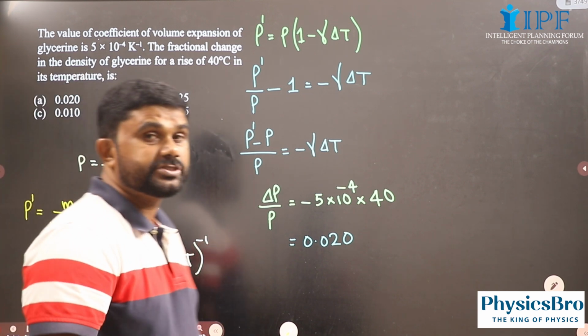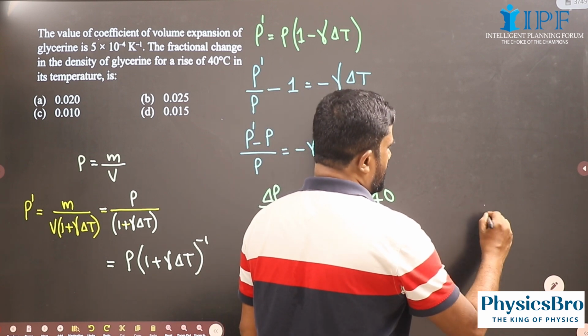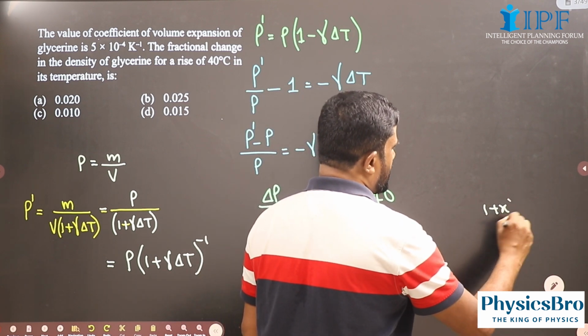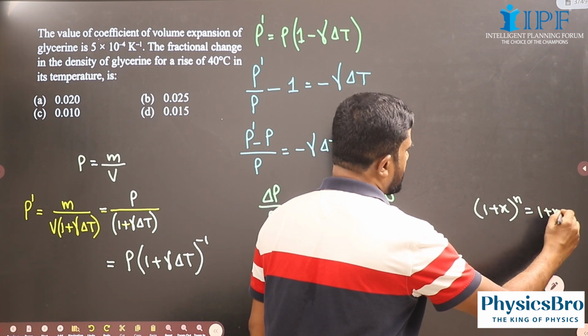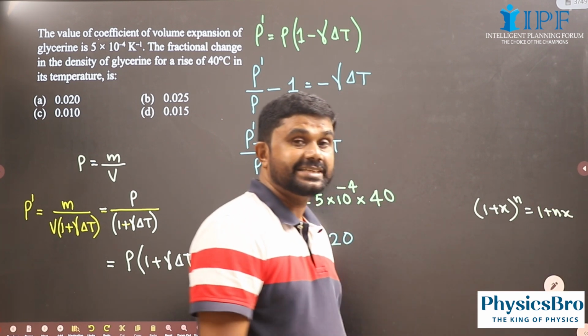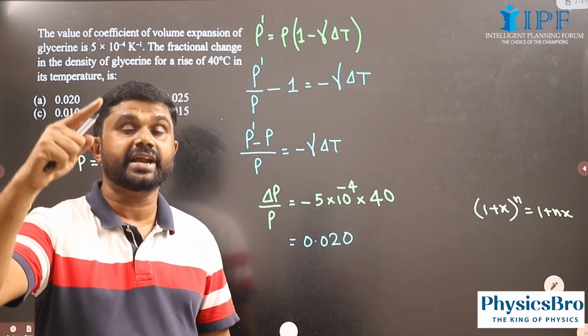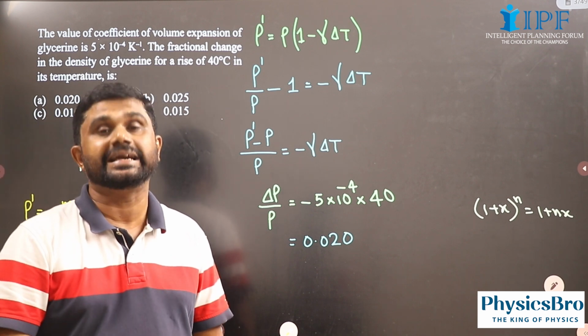See, using the binomial theorem, how do you write 1 plus x whole raised to n? This will be 1 plus nx. The next term will be n into n minus 1 x square by 2 factorial, like that.